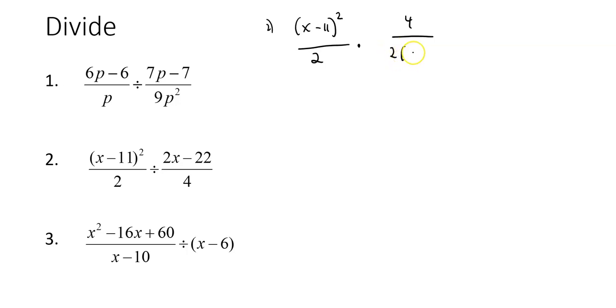I can factor out a 2, and I'll be left with an x minus 11. So I change the division to multiplication. I flip the second term. What can I get rid of? Well, look at this. 2 times 2 is 4 on the bottom. That cancels with the 4 on the top. One of the x minus 11s down here cancels with one of them on the top, and I'm left with just x minus 11.